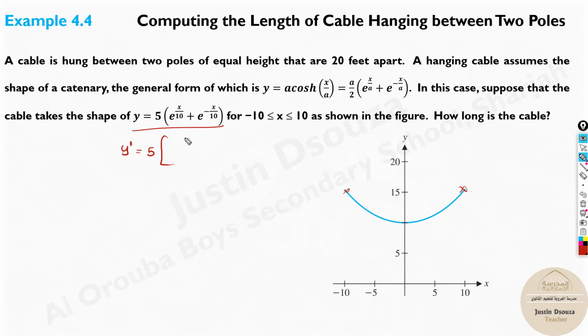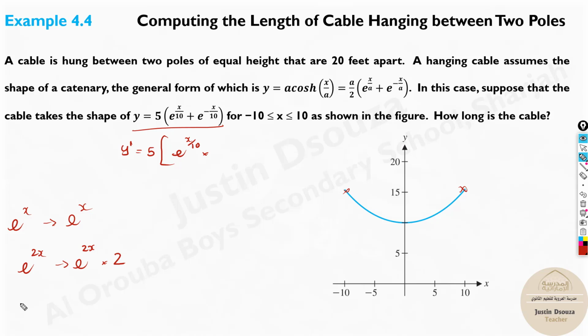I'll write a bracket over here. e to the power x is the same. But if it was e to the power x, the derivative is e to the power x, that's it. But if you have e to the power 2x, the derivative is e to the power 2x, then the chain rule applies. 2x's derivative is 2. So the same thing must be done.